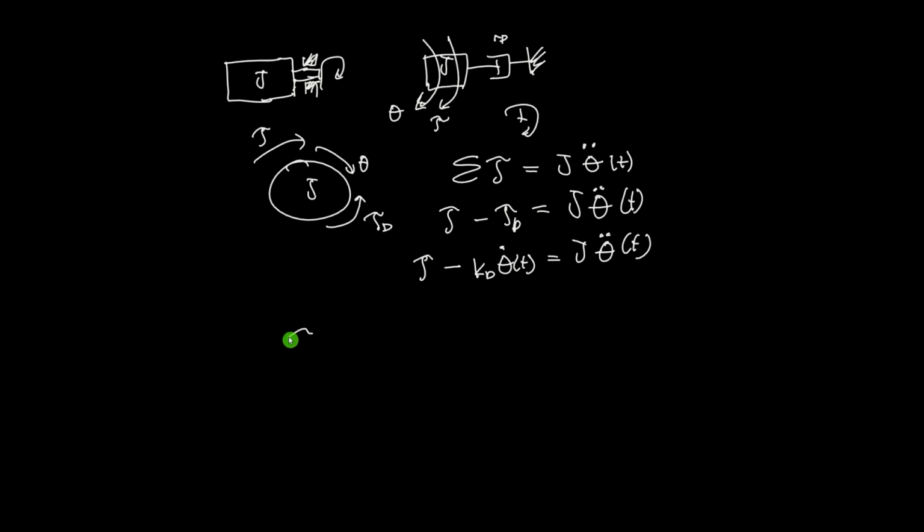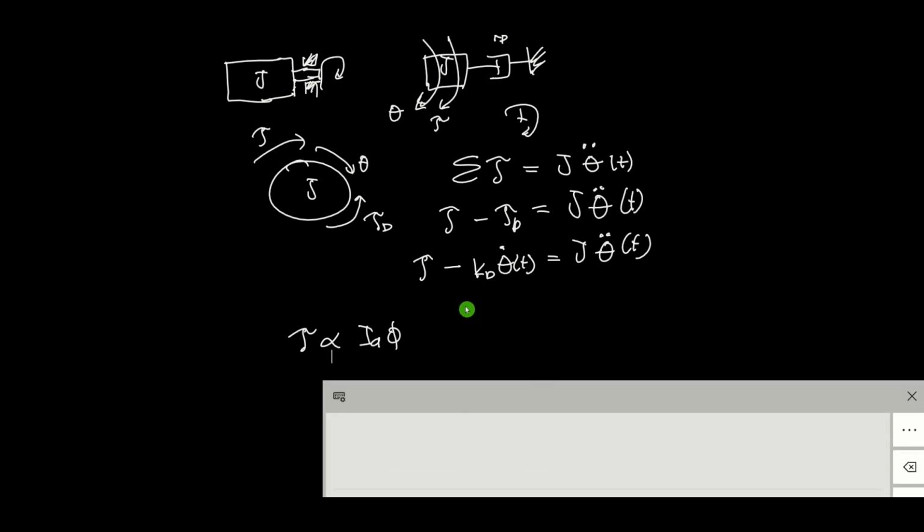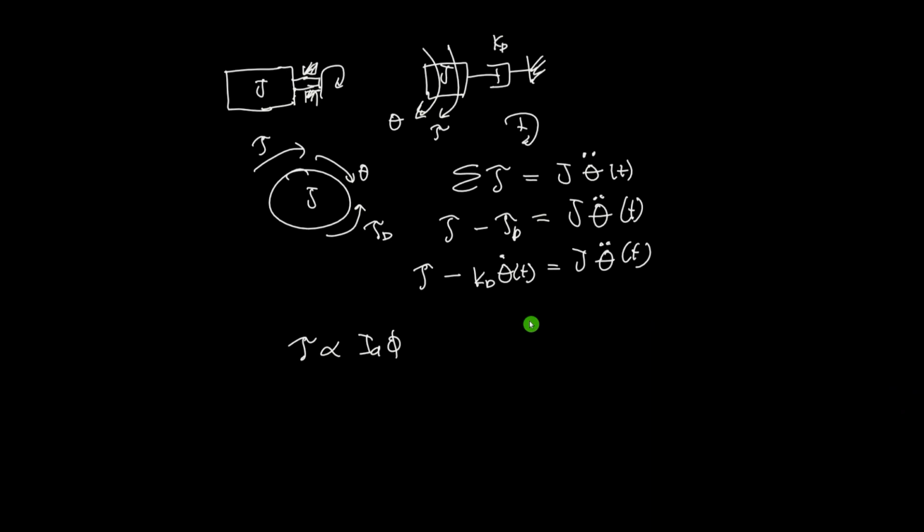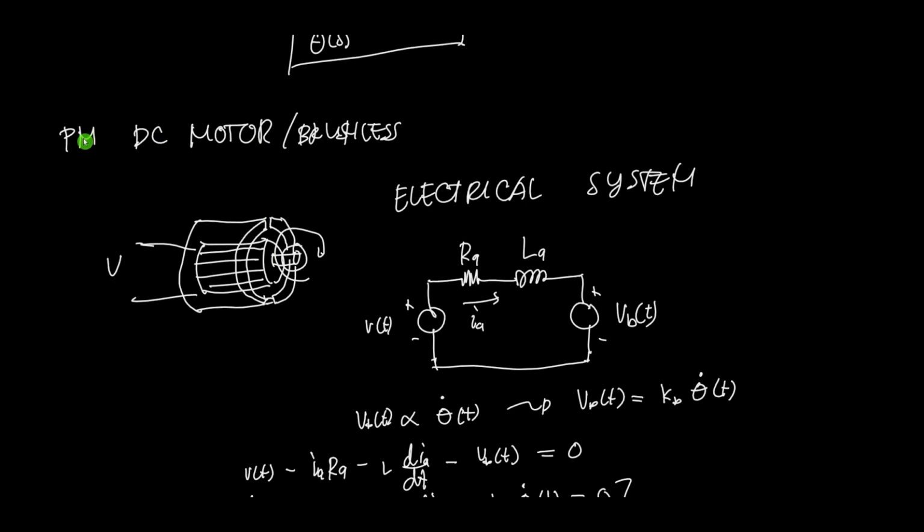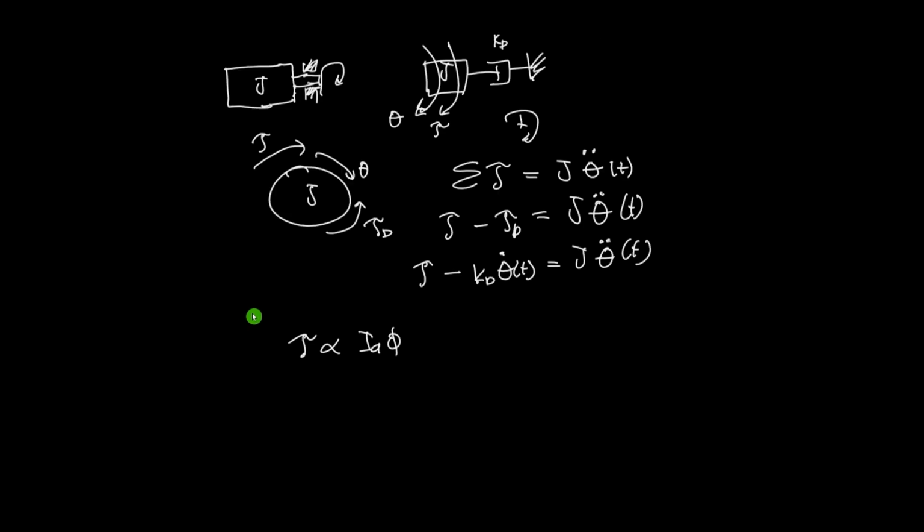The formula for the torque, if you remember, in DC machines: in general, torque is proportional to the armature current and also the flux of the field. But in our example, because we use a permanent magnet for our field, the flux on the field is constant.